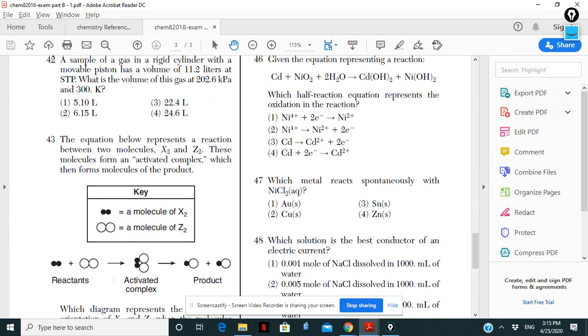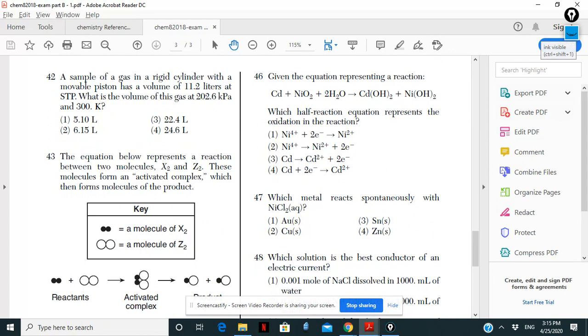Question number 42. A sample of a gas in a rigid cylinder with a movable piston has a volume of 11.2 liters at STP. What is the volume of this gas at 202 kilopascal and 300 Kelvin?